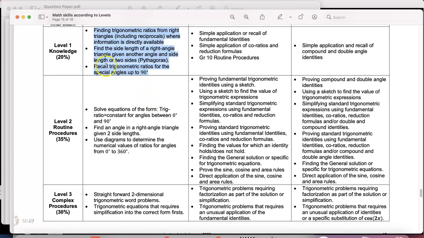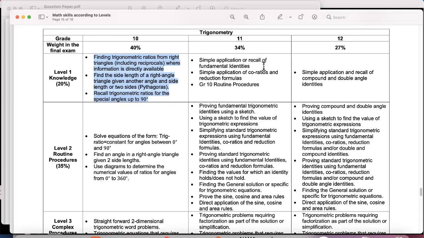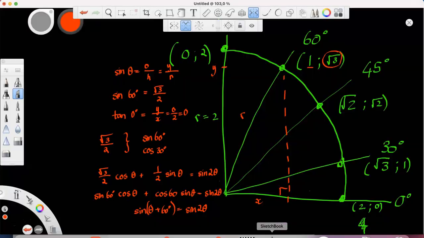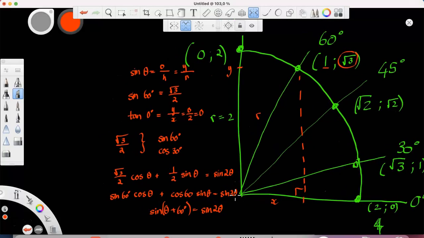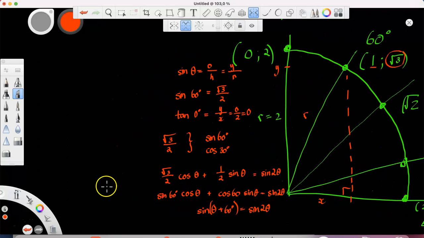So if we go back to what you should be able to do: recall the trigonometric ratios for the special angles up to 90 degrees. Then in grade 11, what should you know off by heart? The simple application or recall of the fundamental identities. There are two fundamental identities.